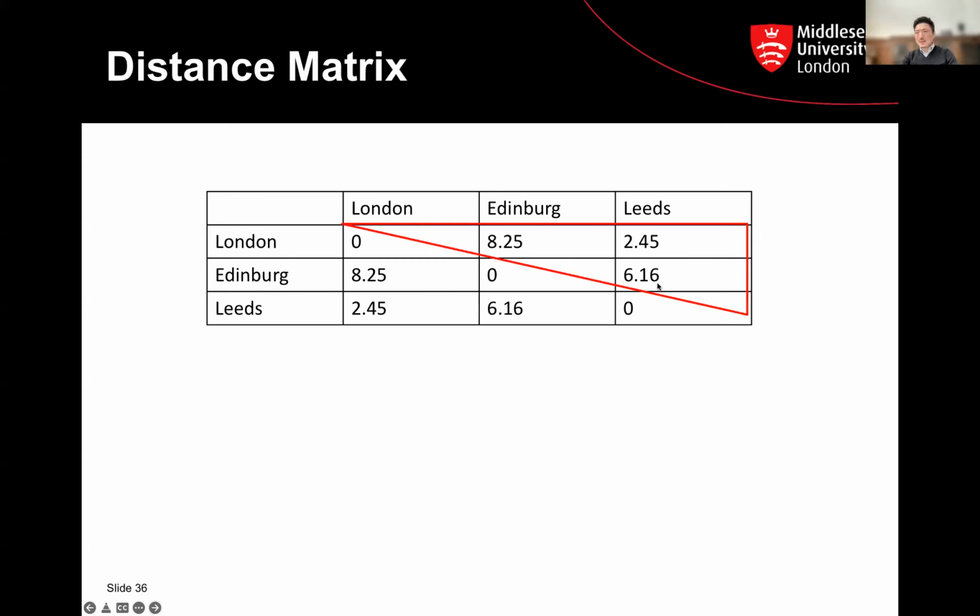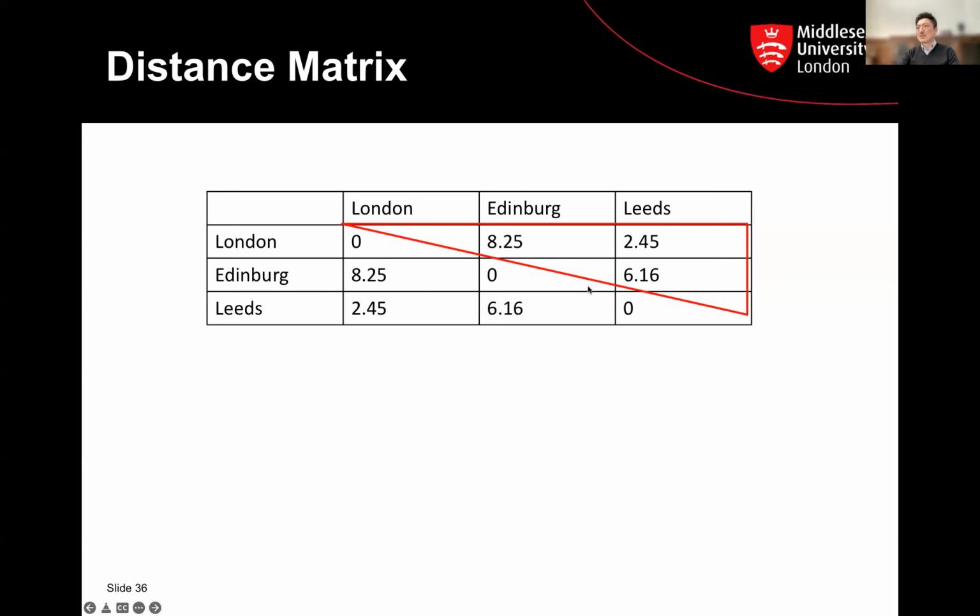And then the other thing you can see is that the top right half and the bottom left half are the same, because the difference between London and Edinburgh is the same as Edinburgh and London. We said for the distance between 2 points, if you switch the start and end point, the value will not change.